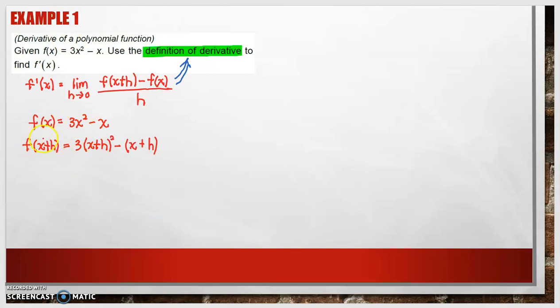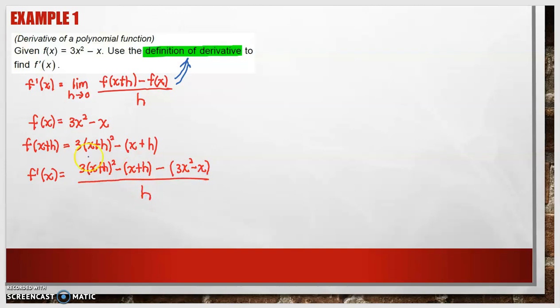So first we substitute to get f(x plus h). Then next we substitute into the formula. Based on the formula, f prime x equals f(x plus h), where our f(x plus h) is 3(x plus h) squared minus (x plus h), minus our f(x), which is 3x squared minus x, over h.